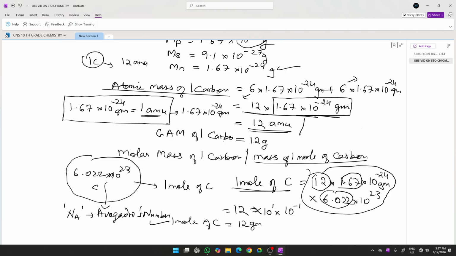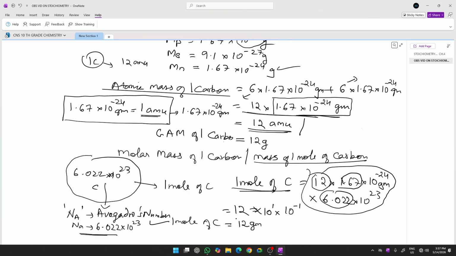So Na is nothing in chemistry but a number which is written as 6.022 into 10 raised to 23. This is Avogadro's number, a very important number in chemistry, right? And 1 mole of carbon means 6.022 into 10 raised to 23 atoms of carbon, or you can say Avogadro number of carbon atoms, and that will weigh how much?